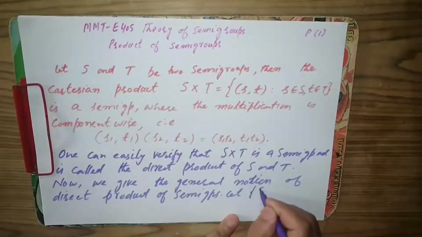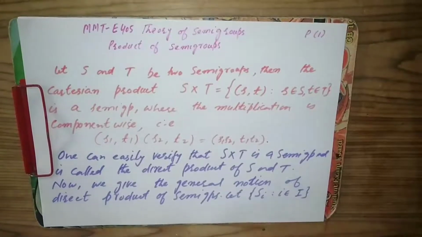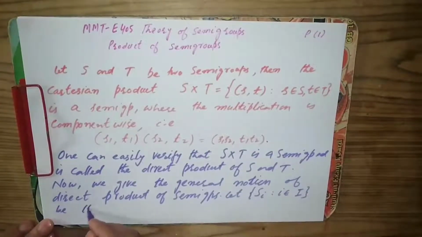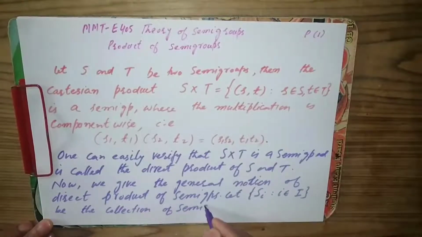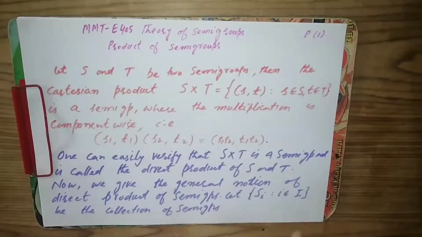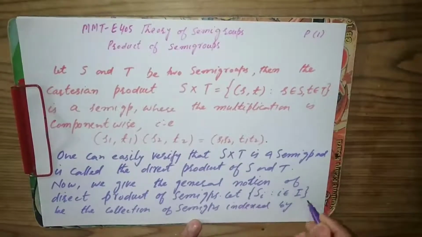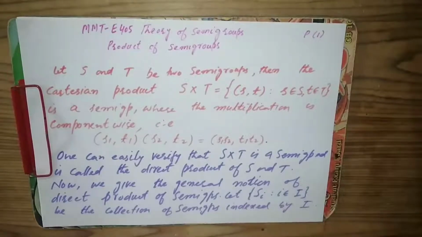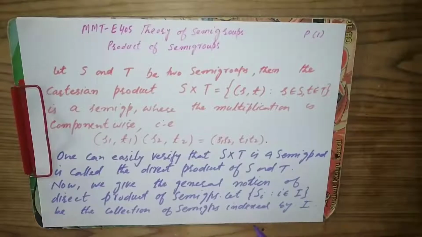Let S_i, i in the index set I, be the collection of semigroups indexed by the set I. So it depends upon I. If I consists of only two points, say 1 and 2, then we have just two semigroups S1 and S2.